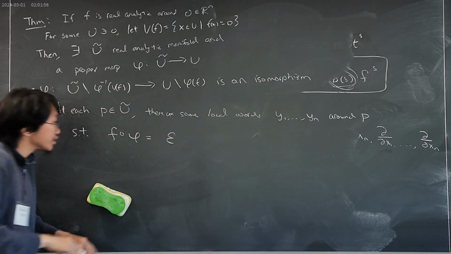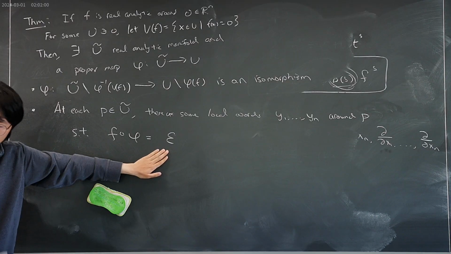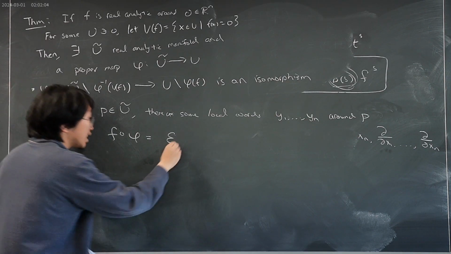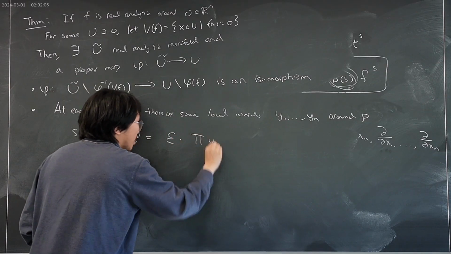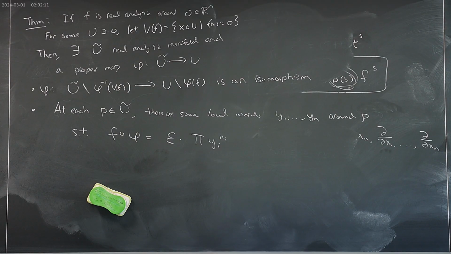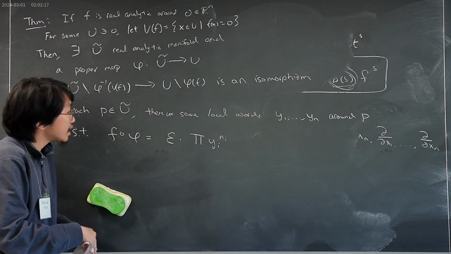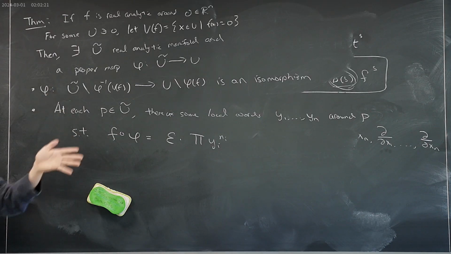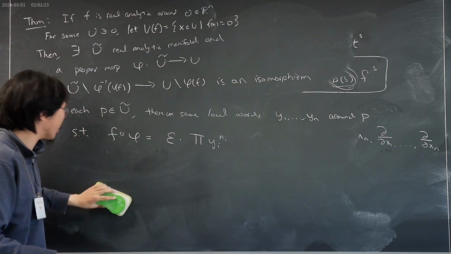It's some invertible, non-vanishing function, which is still real analytic, times powers of y_1 through y_n. So in these coordinates y_1 to y_n, the vanishing locus of f just looks like those hyperplanes: y_1 equals 0, y_2 equals 0, etc.